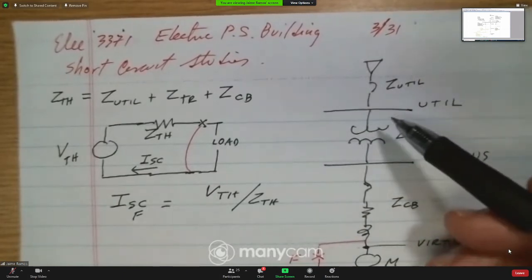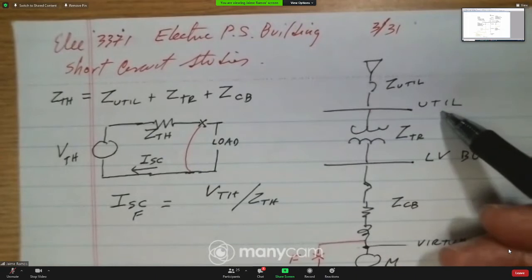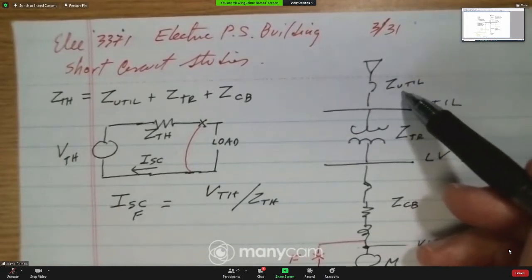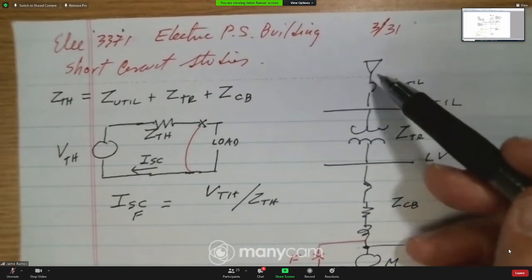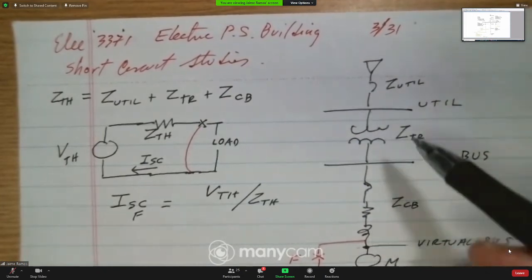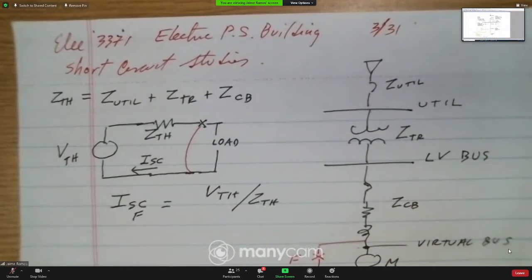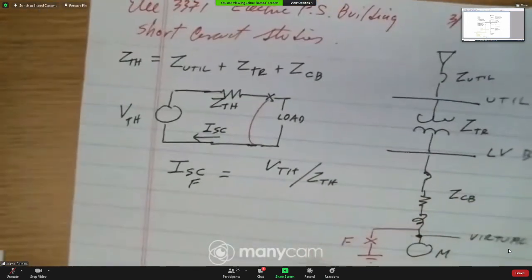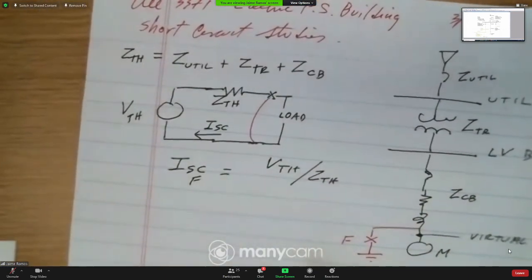The highest current will be in the utility bus, because that is the one that has less impedance in the trajectory of the fault current. Okay, all right.